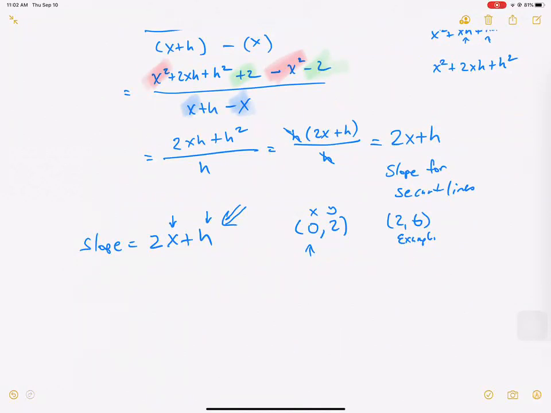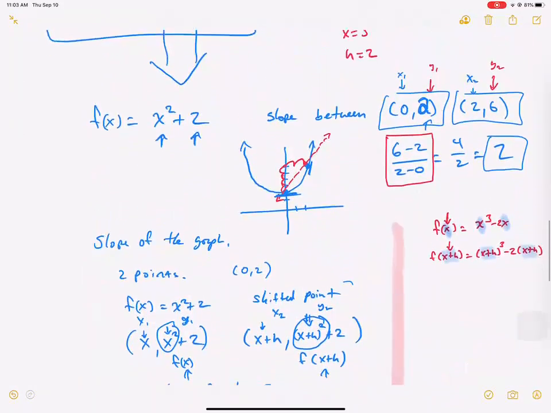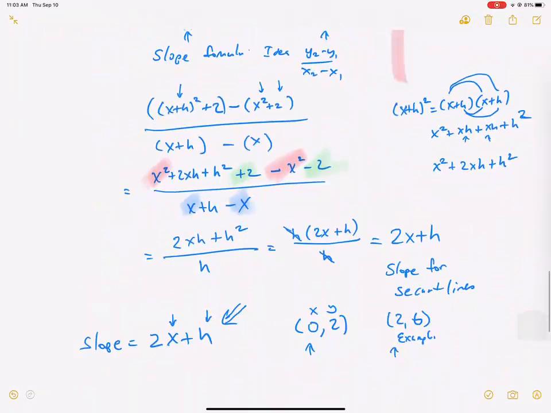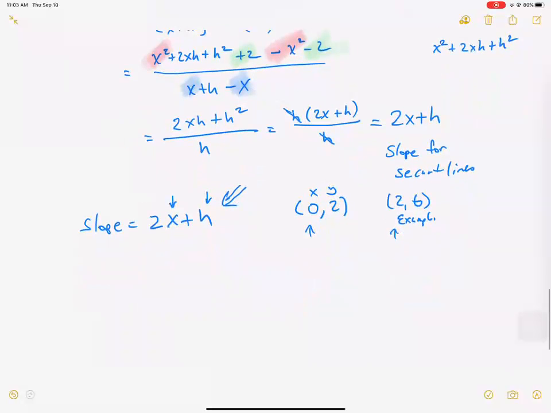And how far away is your h? How far did it take me to get from 0 to 2?